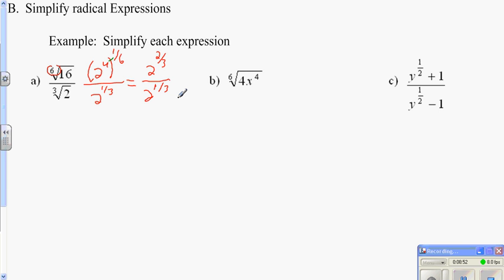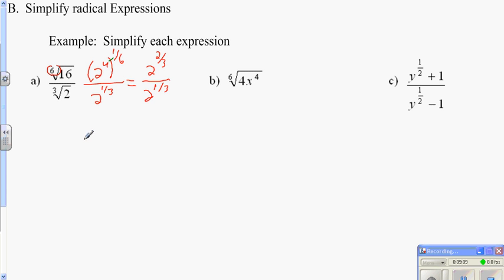Now, this is a situation where we have a root in the denominator, and we would want to rationalize, except we actually can do something here since we have a base of 2 in the numerator and a base of 2 in the denominator.